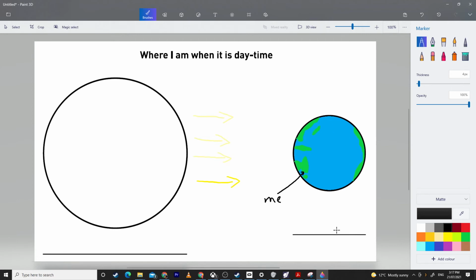So I'm actually going to draw the daytime and the nighttime so we can see where that would be like. So I'm going to fatten this up a little bit, and I'm going to make it a bit different. So I'm going to draw the nighttime side on this side. Okay. Ooh, I'll do that again actually.